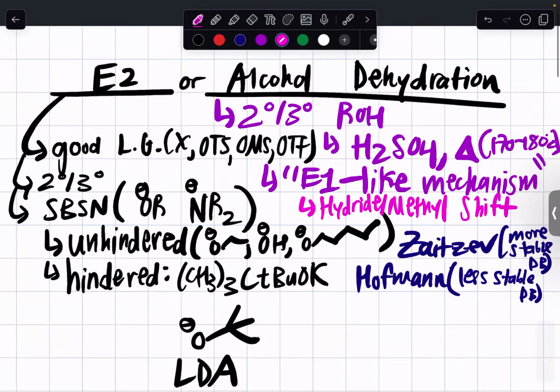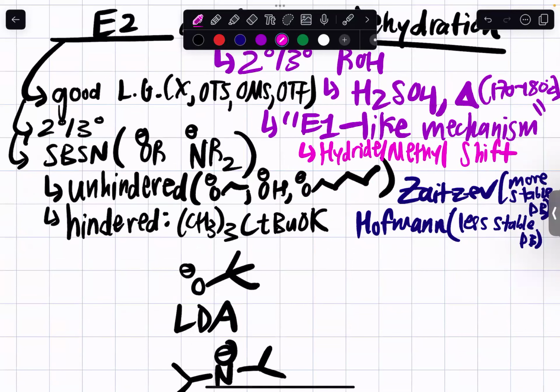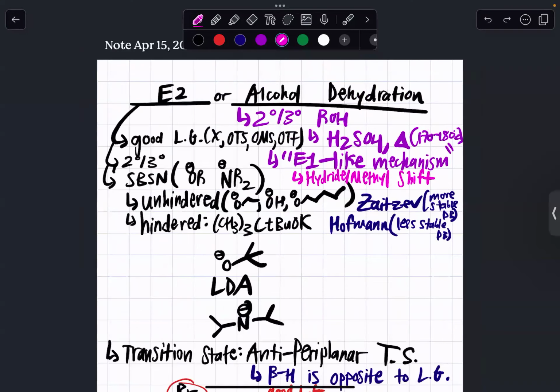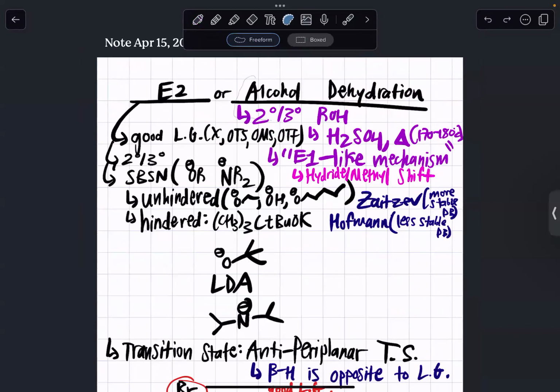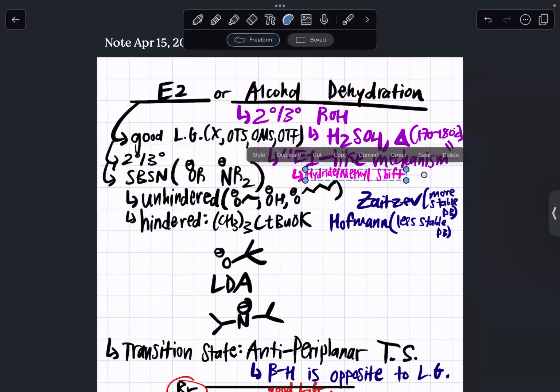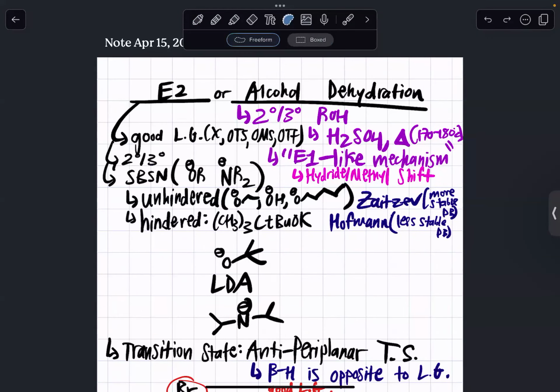And the new thing this quarter that we didn't go over in 118A is something called a ring expansion. Oh, okay. What is this? Is that what we went over in the last tutoring session, with anytime you see a ring, you want to try to get it to a bigger ring?